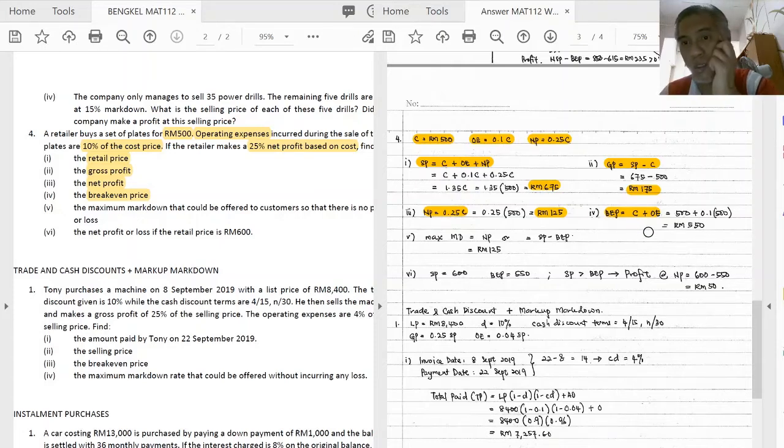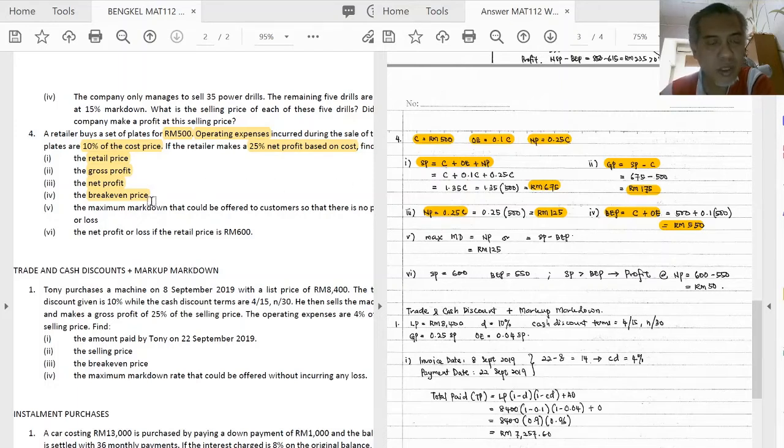So in this case it is 500 plus 0.1 times 500, so you get the break-even price to be 550. Okay, so the break-even price is 550. All right, so that is the answer for the fourth one, finding the break-even price.